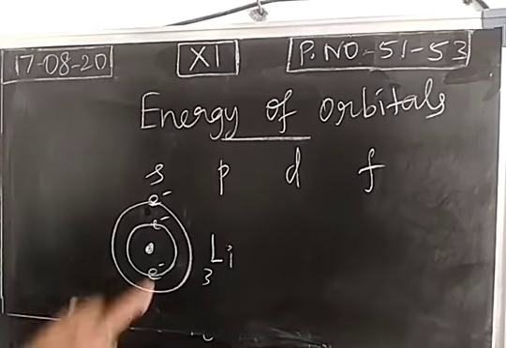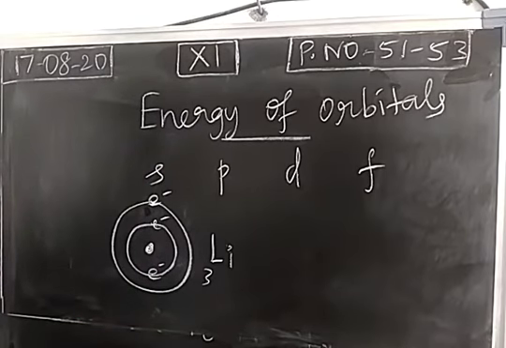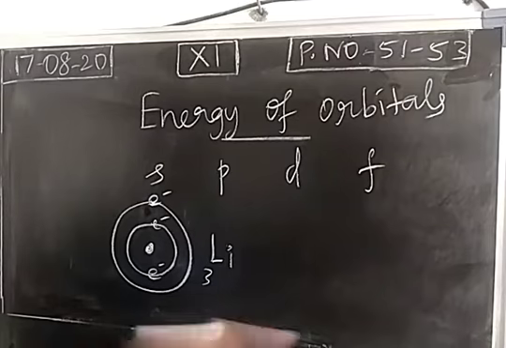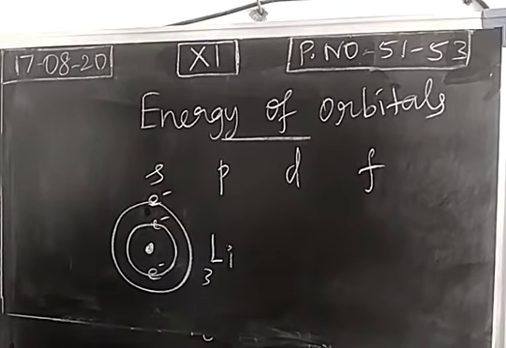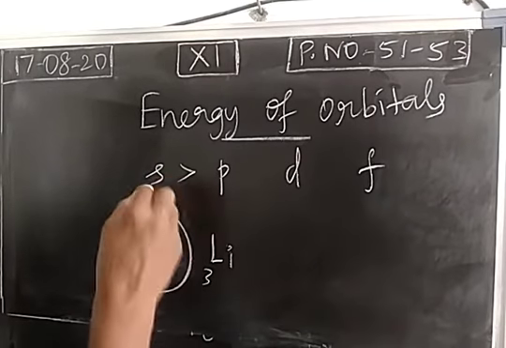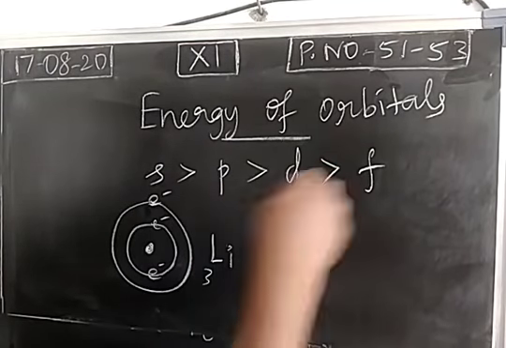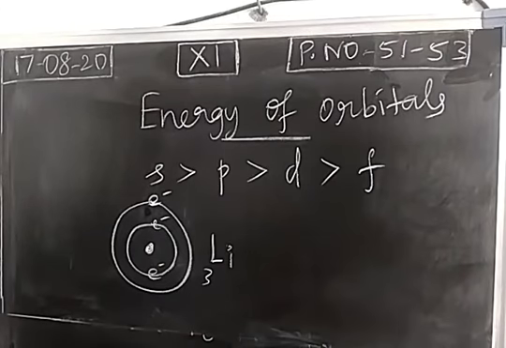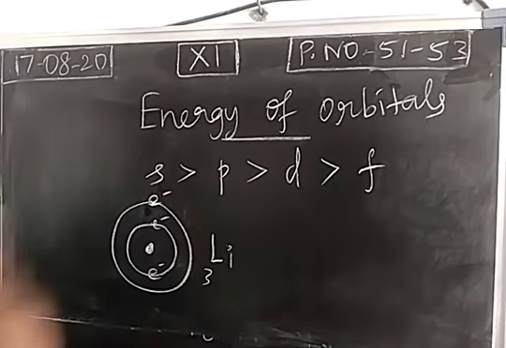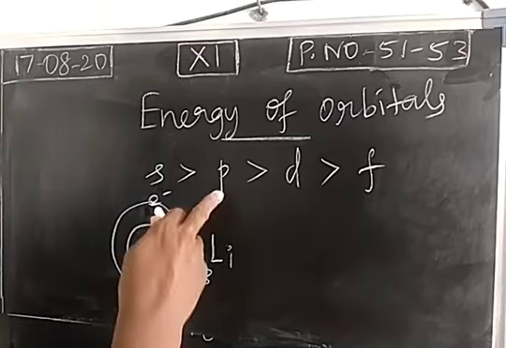When we consider one particular shell, 4 orbitals may be there, S, P, D and F. The order of effective nuclear charges is like this. This is the order because the s orbital is closer to the nucleus than the p orbital.